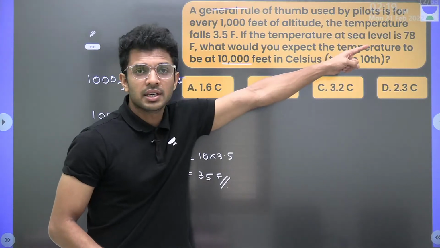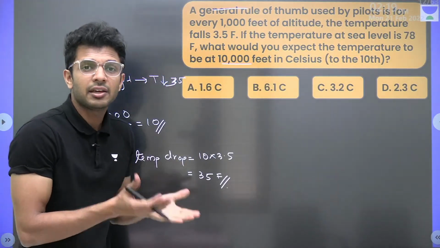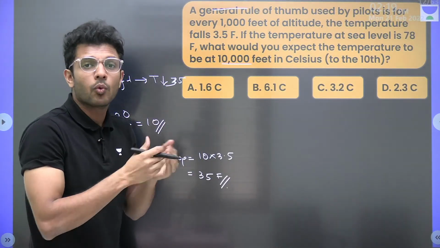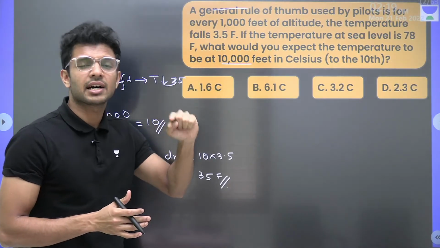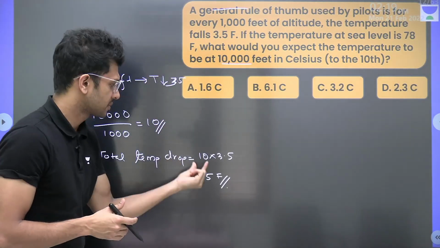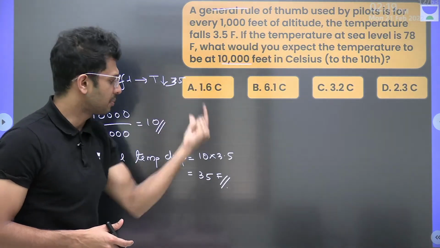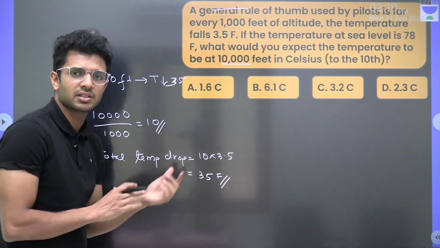So if sea level was having 78 Fahrenheit, and if we are moving up by 10,000 feet above sea level, what will be the temperature at that particular point, which is 10,000 feet above sea level? How much will it be? From the temperature of sea level, that is 78, subtract the temperature drop. How much is the decrease in temperature? 35.